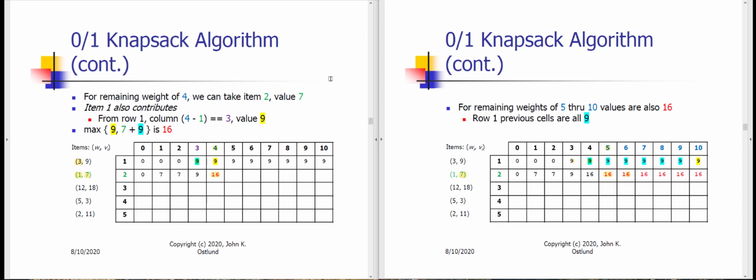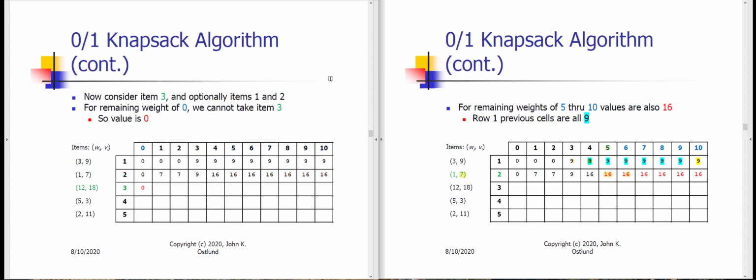Let's move on to taking a look at possibly using item 3 as well as item 1 and or 2 now. Okay, so we're going to consider item 3, and depending on the maximum value, we may use item 1 and or item 2 in addition to item 3.